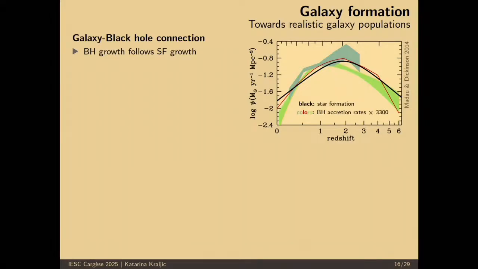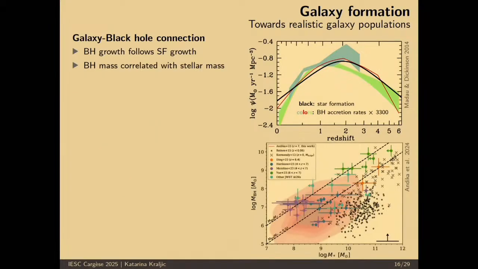But the point is that it really suggests that there is this coevolution, and that black holes and galaxies grow by accreting gas. Another relation that suggests that black holes and galaxies evolve together is this tight relation between the black hole mass and the stellar mass of galaxies over a large range of masses.